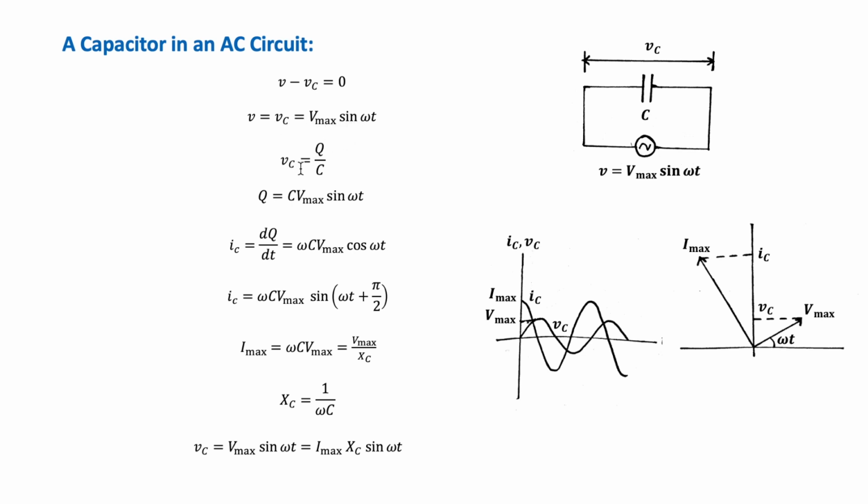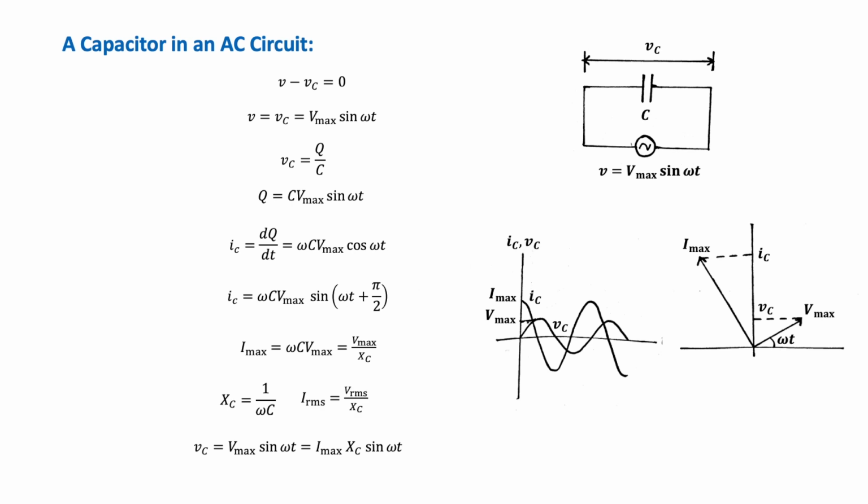And we know that V c is equal to Q over C, right? So we substitute here and we get Q equal to C V max sine omega t. And we know that the current is dQ over dt, and so we differentiate this equation and we get omega C V max cosine omega t, which is equal to sine of omega t plus pi over 2.